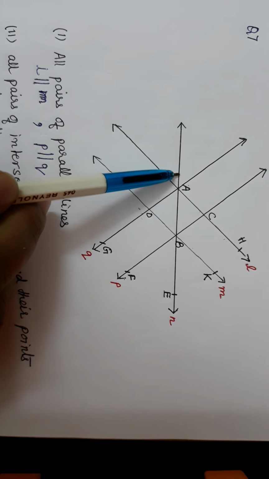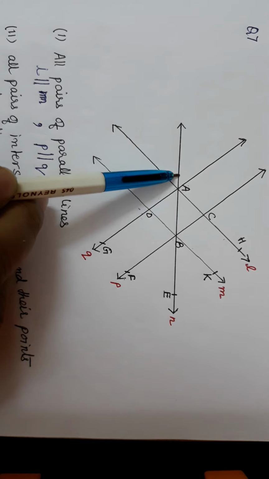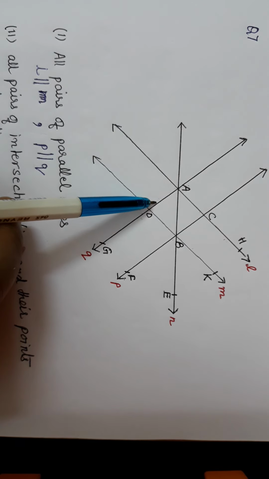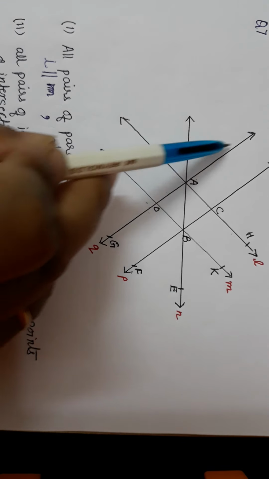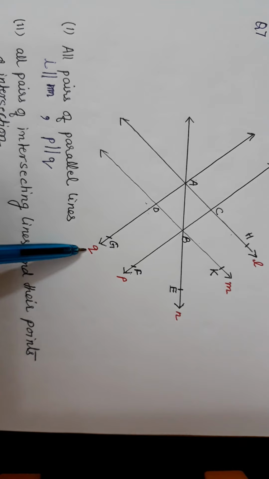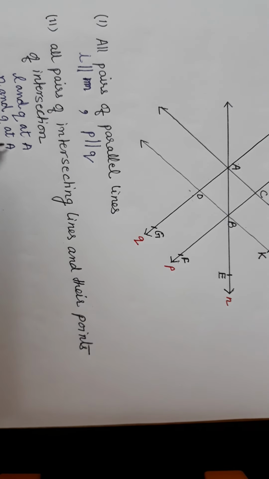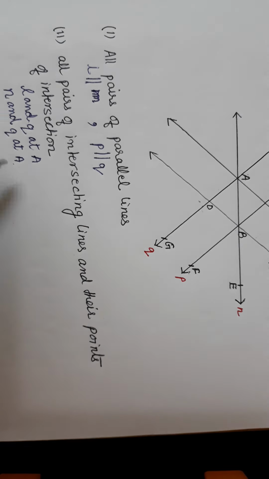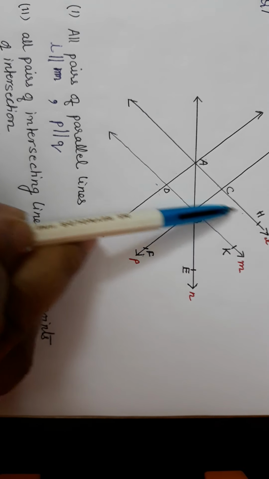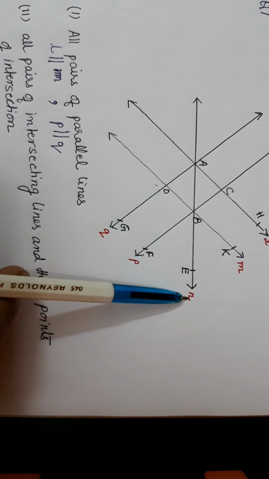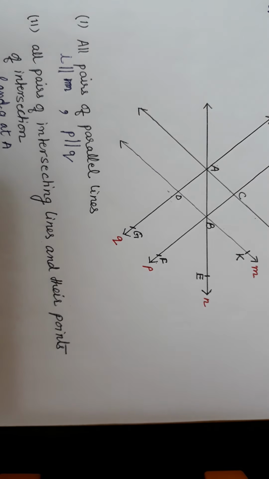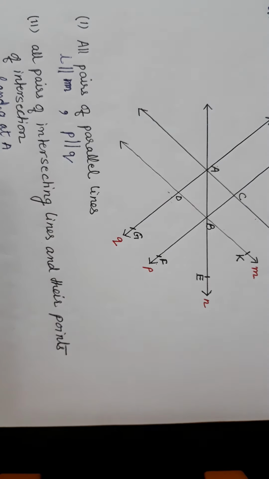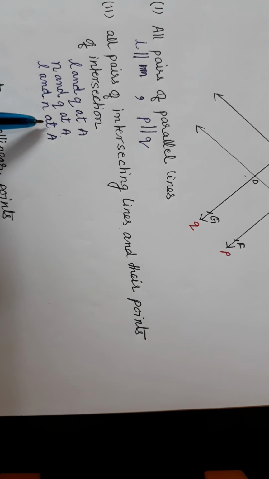Now we see this line and this line. This is line N and this is line Q. So N and Q at A. Now line L and line N are also intersecting at point A. So we will write line L and N at A.